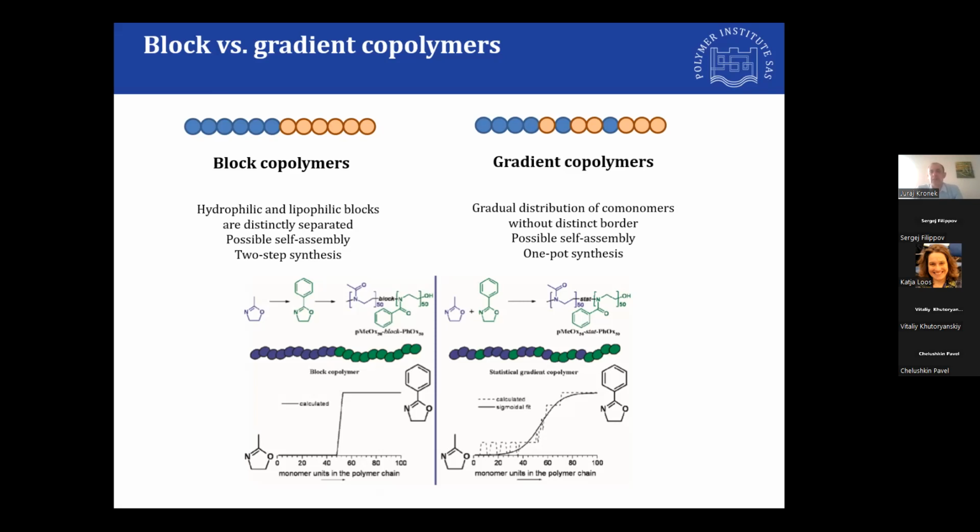The second possibility are gradient copolymers, produced in one step. They have a gradual distribution of comonomers and no distinct border between lipophilic and hydrophilic parts.